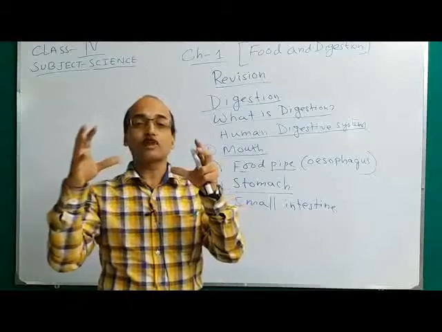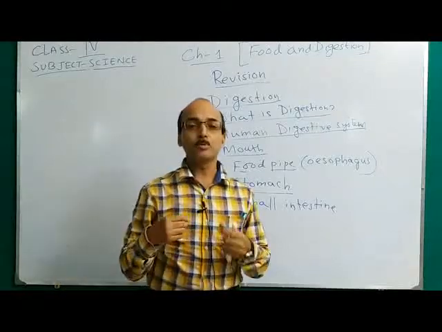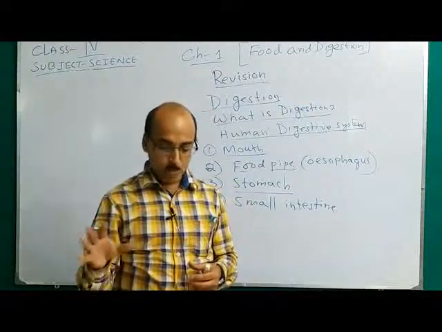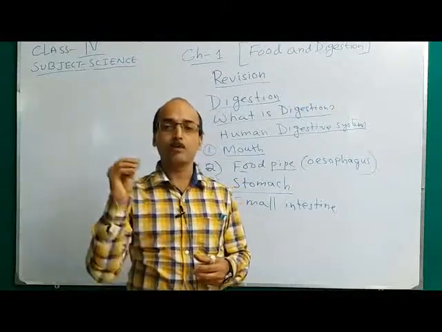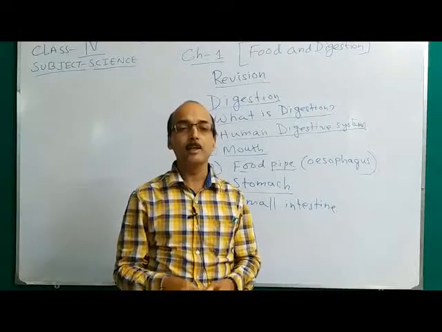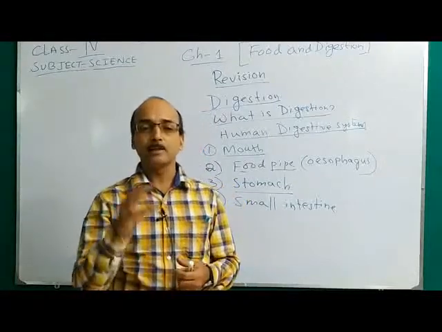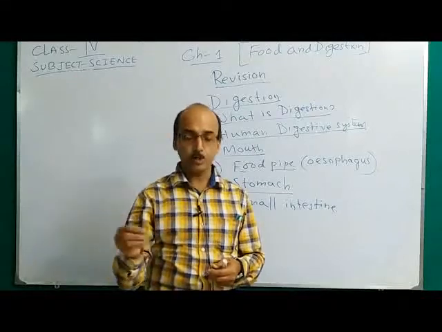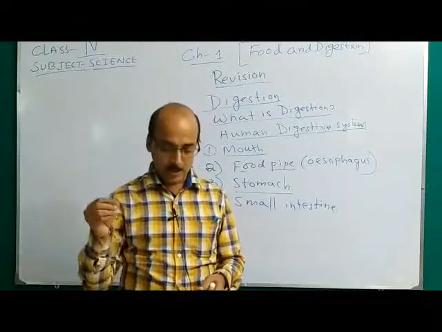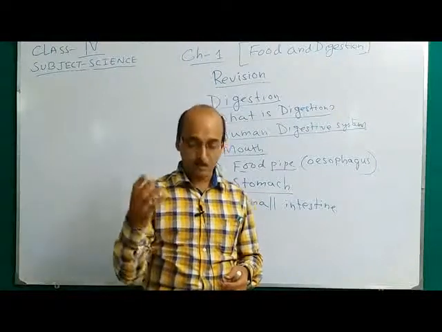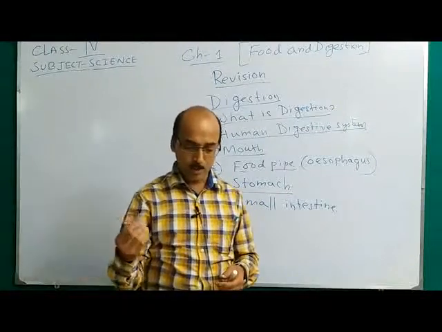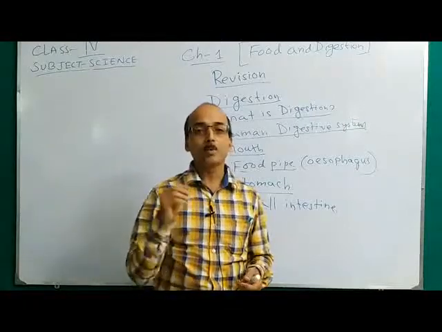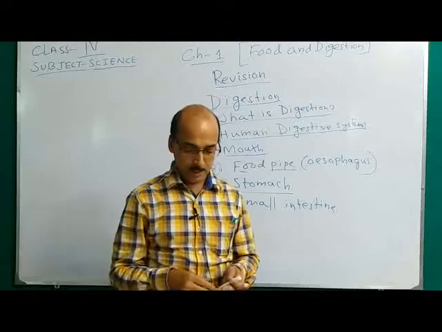So the food, after passing from the food pipe to the stomach, is broken down into simple soluble form by digestive juices. From there it goes to the small intestine, where the process of digestion completes.